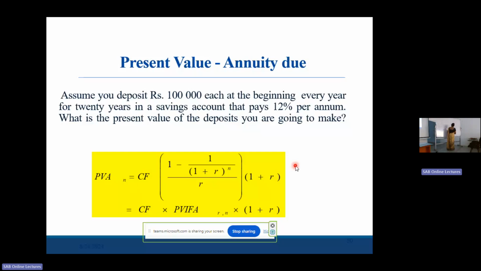If it is due, the present value of the annuity due is equal to cash flow 1000, n is 3, so 1 minus 1.1 to the power minus 3 divided by r. In the due case you just have to adjust by multiplying it by 1.1. The normal ordinary factor you have to increase. To convert the ordinary factor, you have to multiply it by 1 plus r.